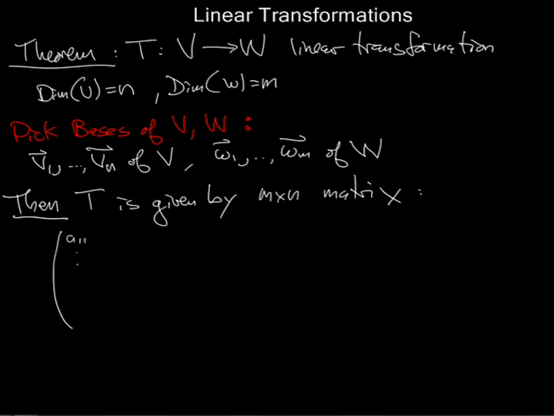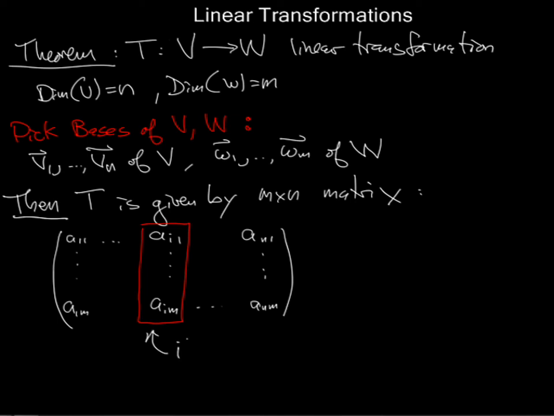And the way you find a matrix corresponding to your given linear transformation, I'll write it this way, is you fill in the columns like this, and the key point is that the ith column of the matrix, which I'm circling here, is the coordinates of T applied to the ith basis vector, which is to say T of Vi is this given linear combination of the Wj's.